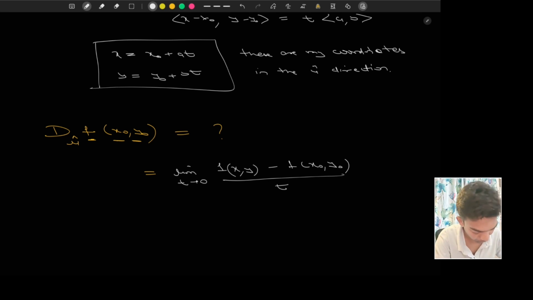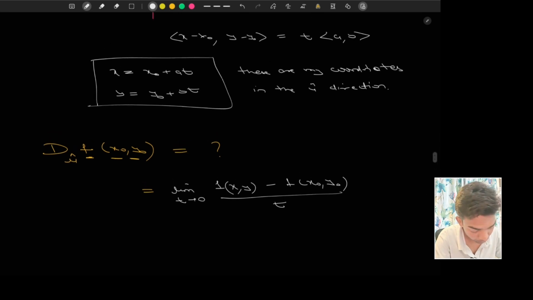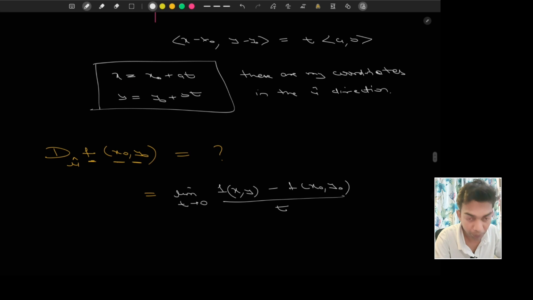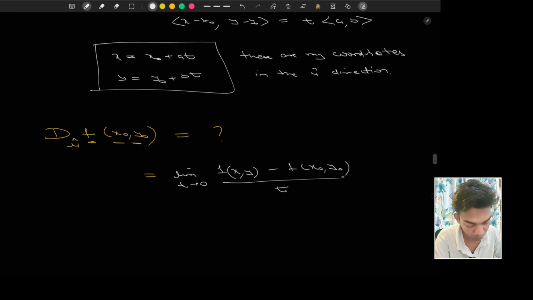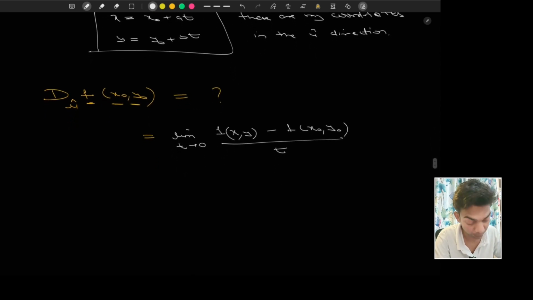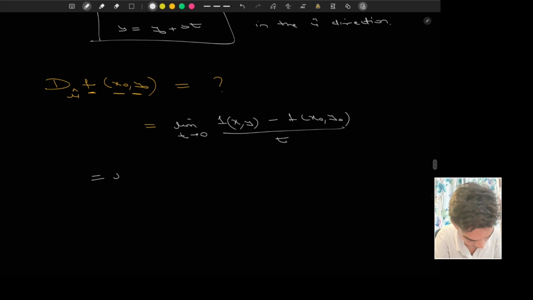Because f of x comma y would now be a function of t: in place of x we put x0 plus at, and in place of y we put y0 plus bt. This is nothing but df by dt, the derivative with respect to t at t equal to 0.